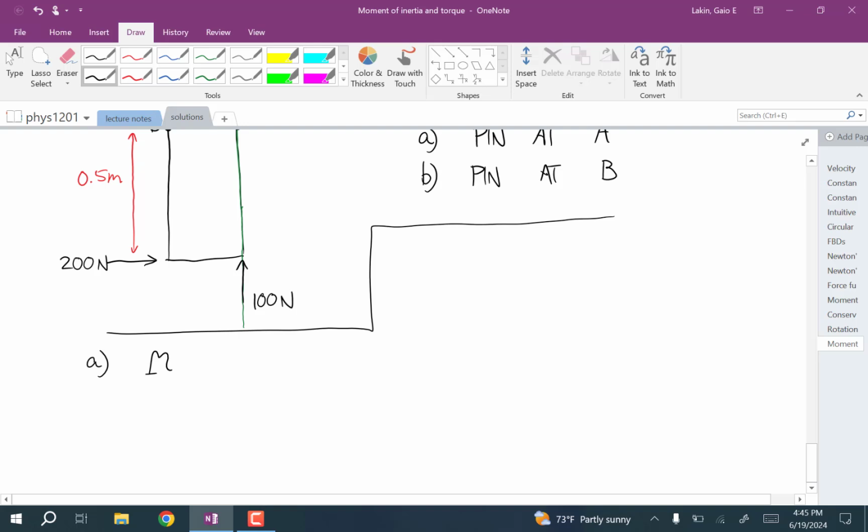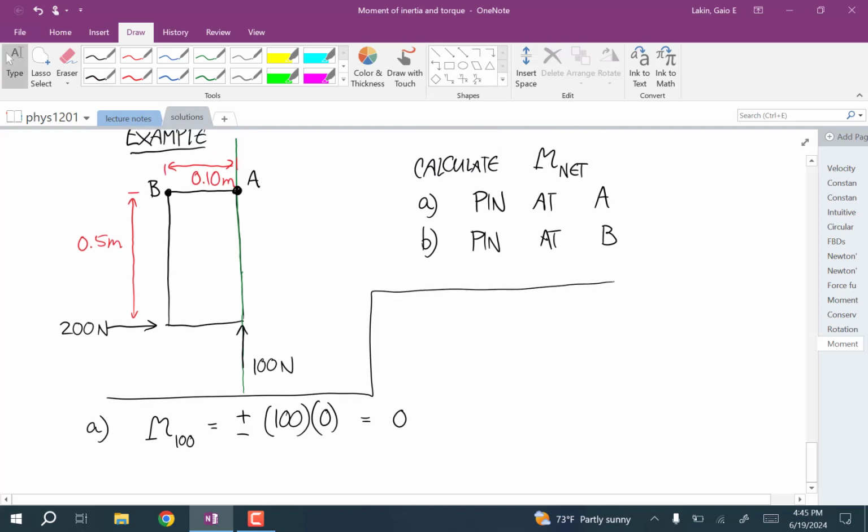So the moment produced by the 100 is a force of 100. I'll do the plus and minus here. But we have a force of 100 times a distance of 0. And so you get 0 for the 100 Newton force.